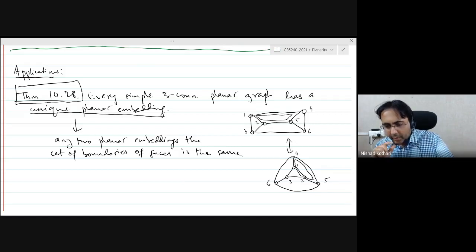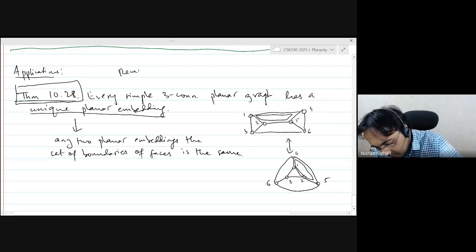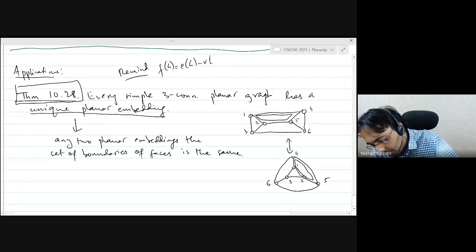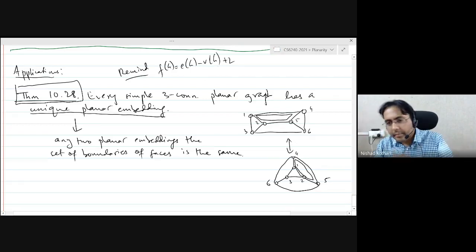A consequence of Euler's formula is that any two planar embeddings have the same number of faces. The number of faces of a graph is the number of edges minus the number of vertices plus 2. And on the right hand side, these things don't depend on the drawing at all. They are completely independent of the embedding.